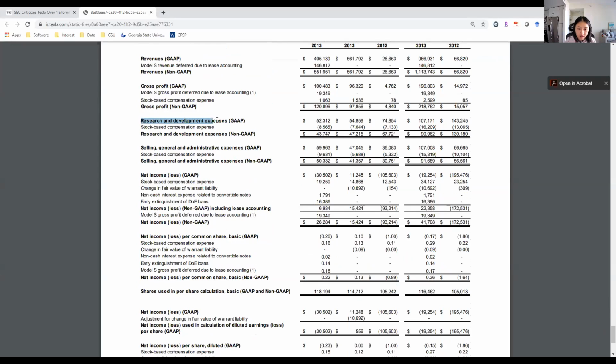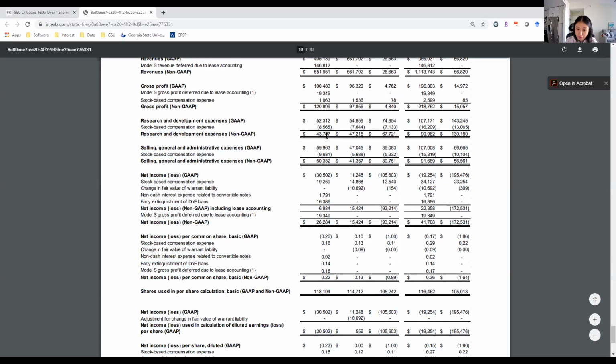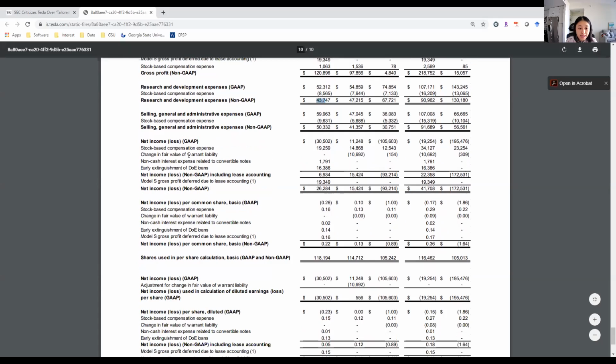What is the R&D expense under GAAP? What is the R&D expense under non-GAAP? Under GAAP it is higher, but under non-GAAP, they exclude the compensation for your R&D researchers. So the actual expense is smaller, changing from 52 to 43. Now look at net income. This is under GAAP, what the SEC and FASB require, a negative 30 million, almost 31 million.